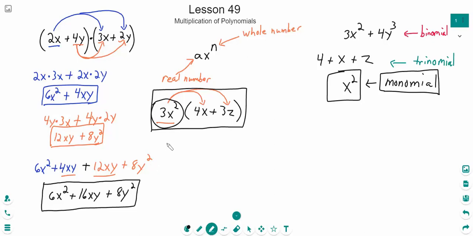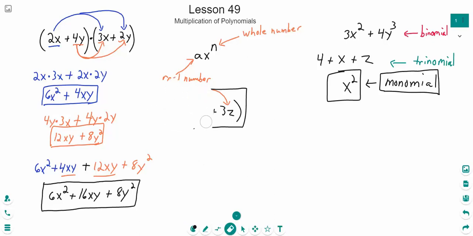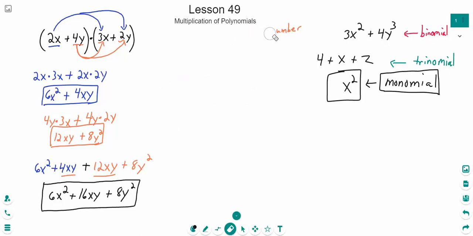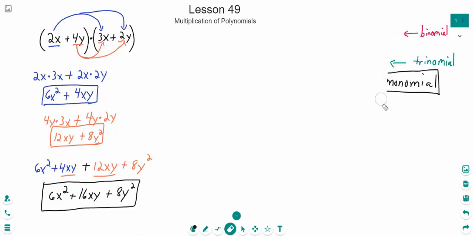Okay? Now, that being said, I'm going to create some room here, because they don't show you this in the book, but I'm going to show you another way to multiply these out that's not as intuitive, but it's a nicer process that'll get you to the answer maybe a little quicker than the way we did it the first way.